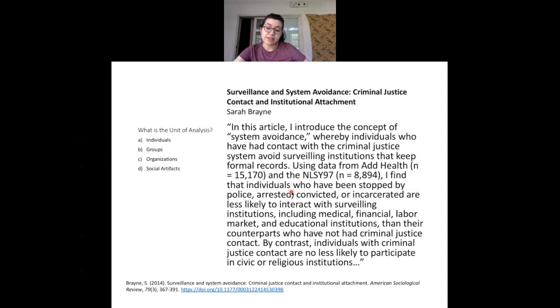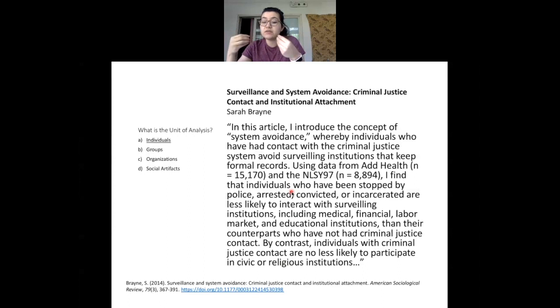If you want more time, I would pause the video, but I'm going to show what the unit of analysis is. So it's individuals. She's looking at individuals and whether or not they did or did not have contact is how she's sort of conceptualizing system avoidance.